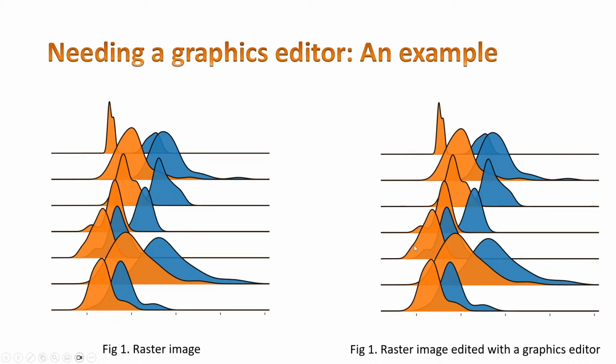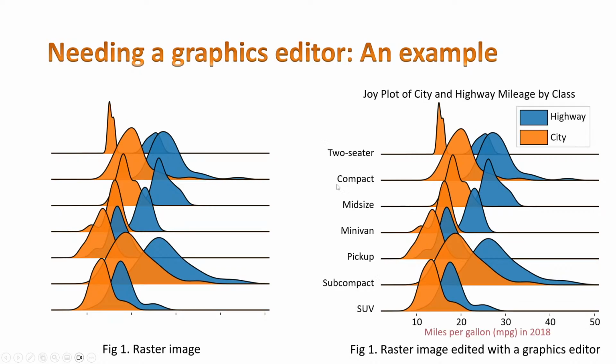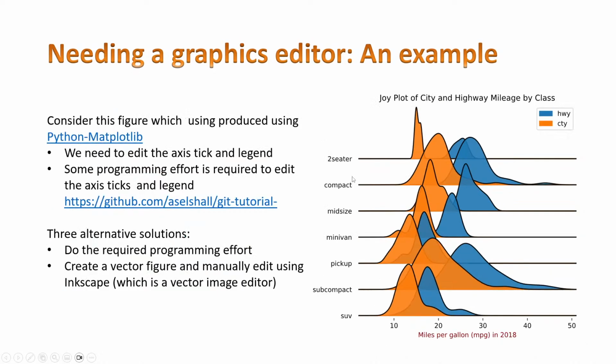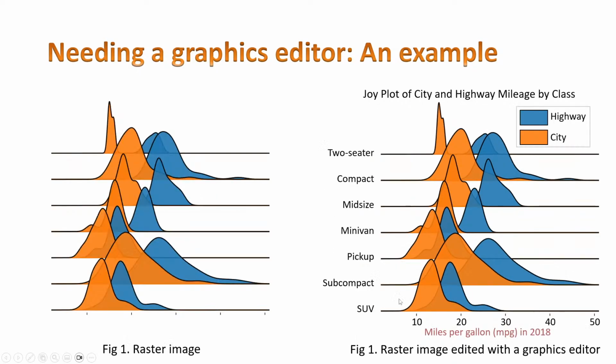with the graphical editor. So basically I will just like here, two-seater, compact, mid-size. You see here the font size is small, I make it larger. So I think I did this with PowerPoint. Yeah. So this is the original one, and this is just a raster image, and then you add these data by yourself. So you see this is clear, here highways, this is cities, this is clear, this is clear.